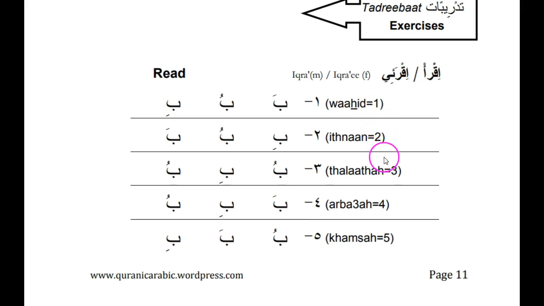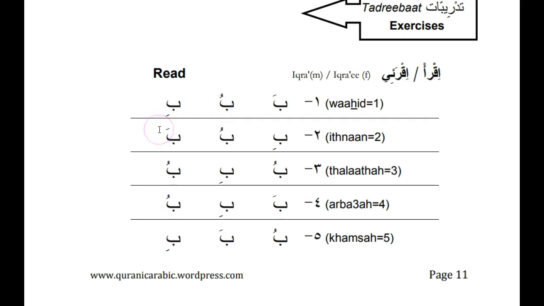Wahid. So we have 5 lines. Let's start with the first one. Wahid. The number 1 in Arabic is wahid. So let's start. I like to read it in the following manner. Ba with fatha, ba. Ba with damma, bu.